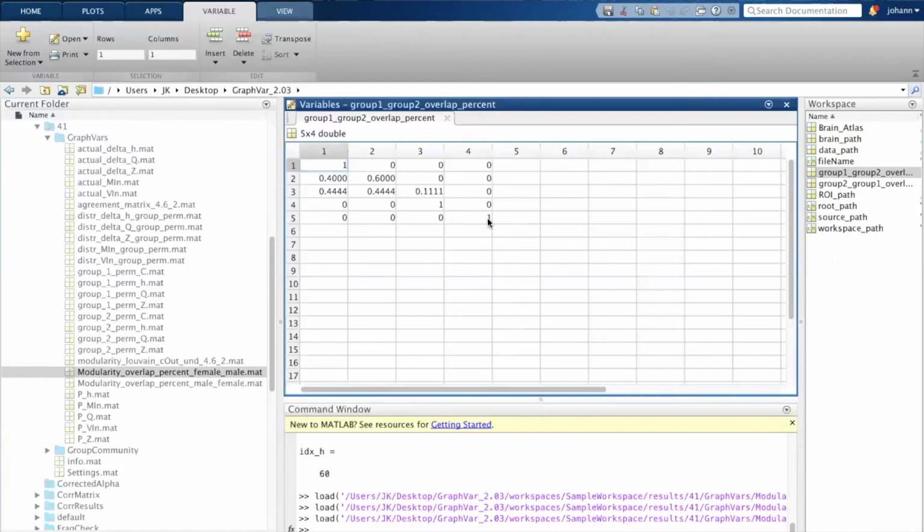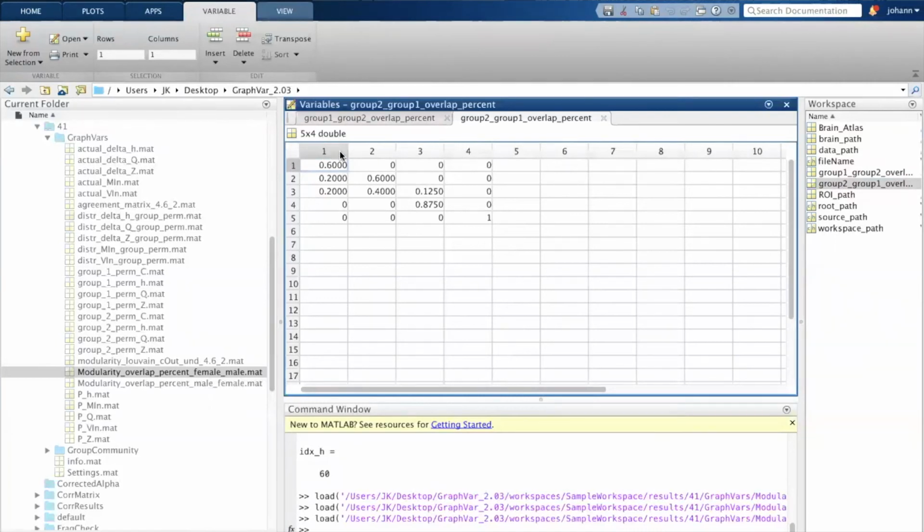Now let's look from the other side, because it's always, as I said, important to take both sides. And here now we have the view from the males to the females, and here the rows add up to 100%. So those are the four modules we're looking from now.